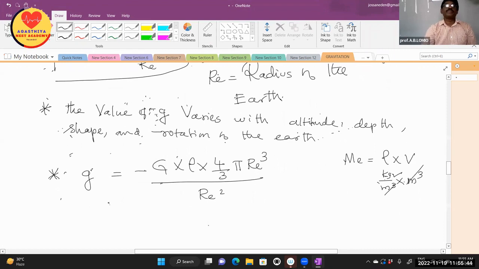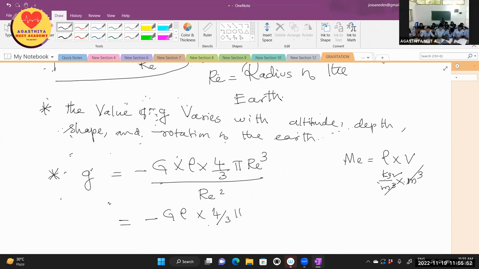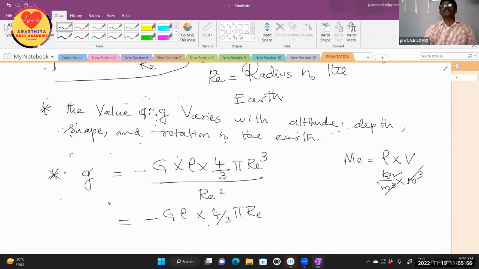So g equals minus G rho 4/3 pi R_e. Here r cube gets cancelled by R squared, remaining in the numerator as R_e. This is another expression of acceleration due to gravity in terms of density.